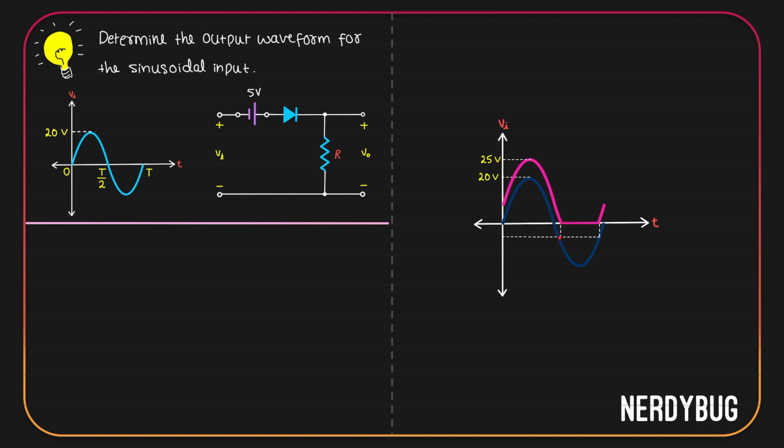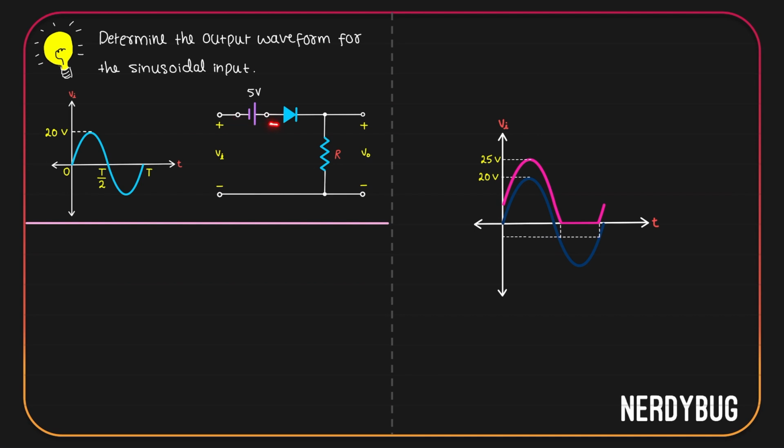You can see that when the input becomes lesser than that value, output is 0. That means when the input is lesser than that value, the diode should become reverse biased, no current should flow through the circuit, and output should become 0. In the circuit, we can see the 5 volt has positive potential here, negative potential here.